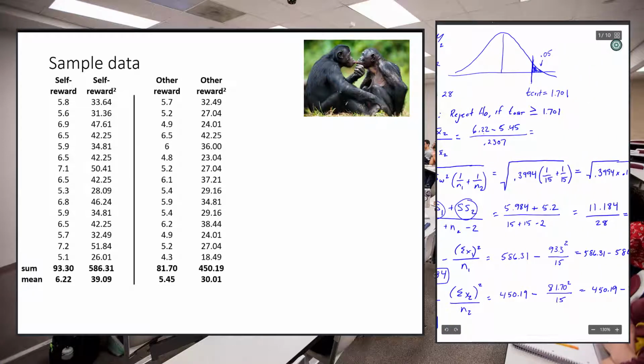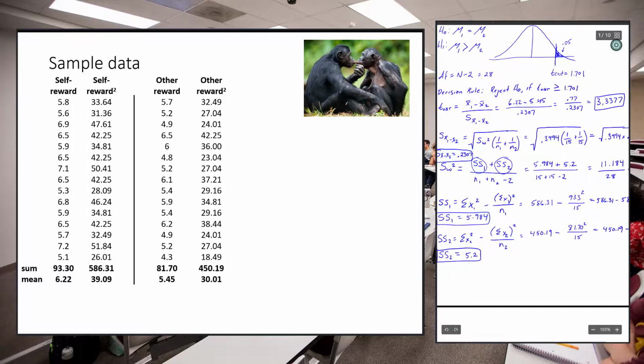This computes out to 0.77 divided by 0.2307, which gives us a t-obtained value of 3.3377. Okay, great. So we have our t-obtained value.